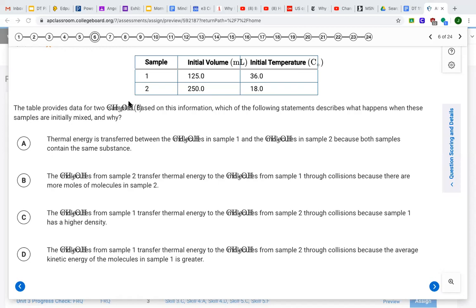Because the initial volume is lower, but the initial temperature is higher. Okay, it's really just the initial temperature. So the volume tells you that there are fewer molecules in sample 1, but the temperature being higher tells you there's a higher average kinetic energy. Okay? Yeah. All right.